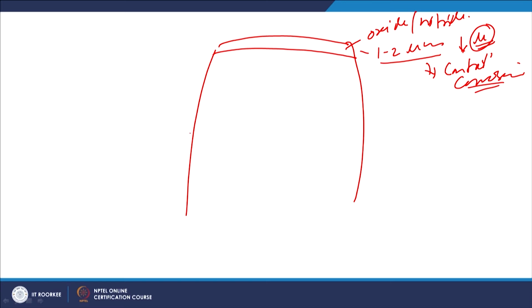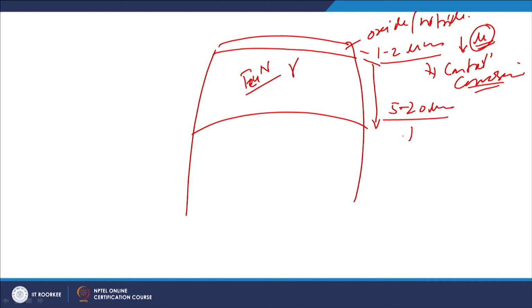Then there is another layer, which is the formation of Fe4N, the gamma nitride. This can be in the size range of 5 to 20 micrometer. It very effectively reduces the friction coefficient, increases the hardness, and increases the wear resistance, but the only problem is that it also increases the cracking tendency.